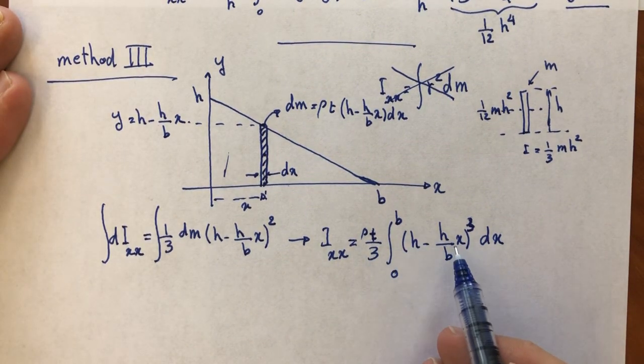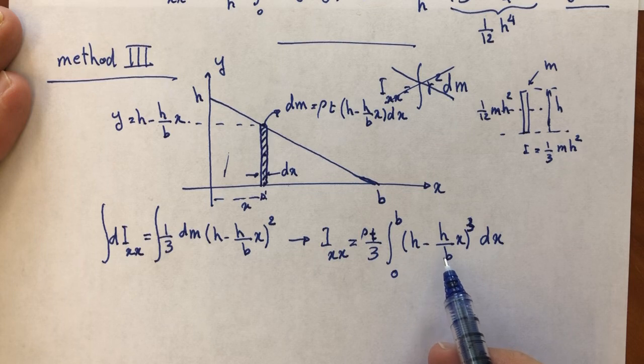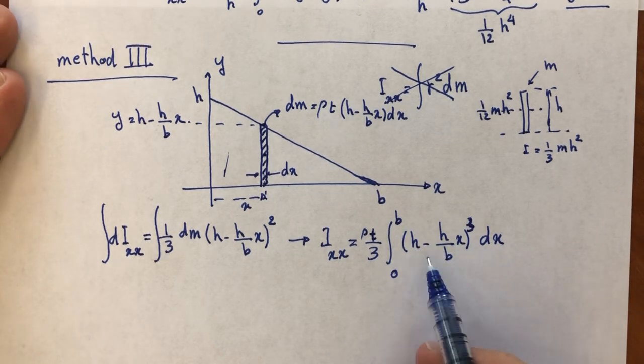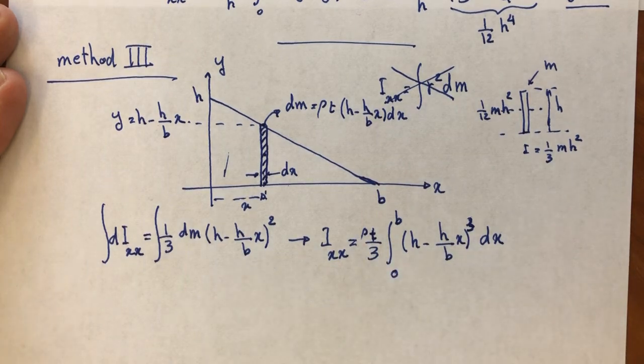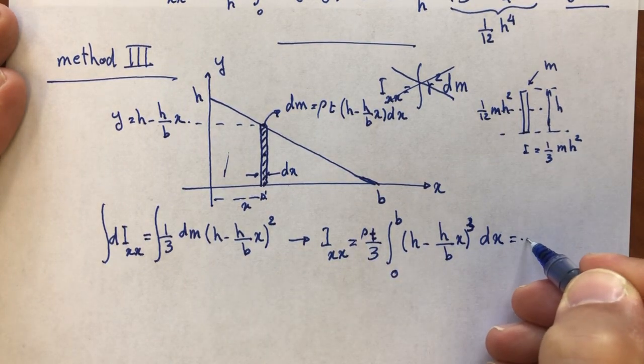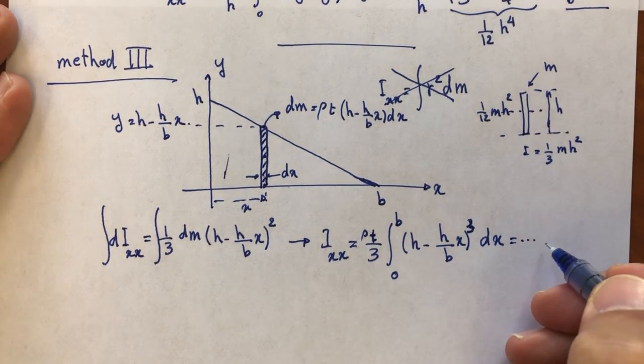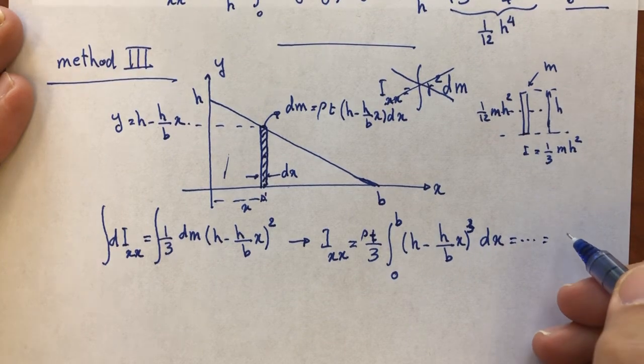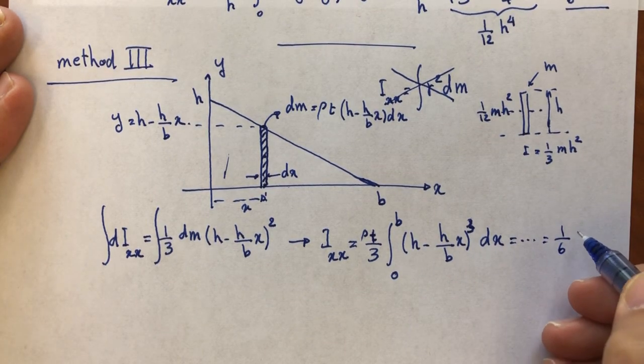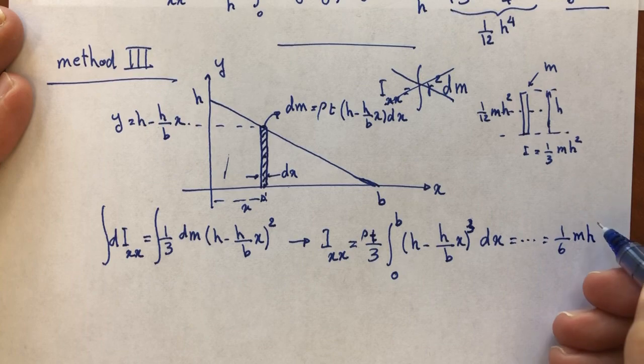We can use the u substitution method, say this is u, then find dx in terms of du and do this integral, and then replace 1/2 of rho b h t with m. Then at the end you are going to get the same thing, 1/6 times mass times h squared.